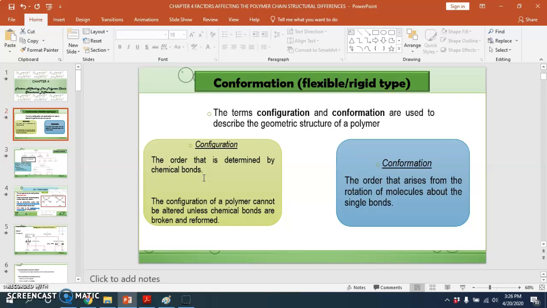So configuration is the structure of the repeat units, which is fixed in the polymer. So this structure is fixed by the chemical bonds between adjacent atoms. So the shape that creates the polymer is known as the configuration.